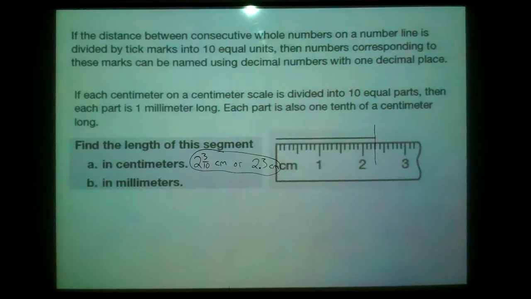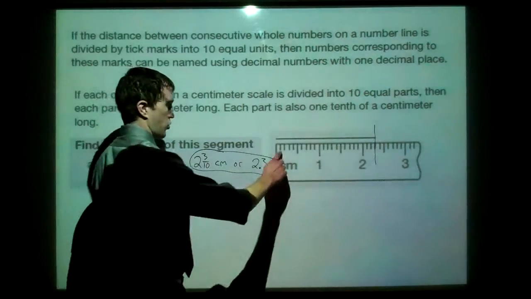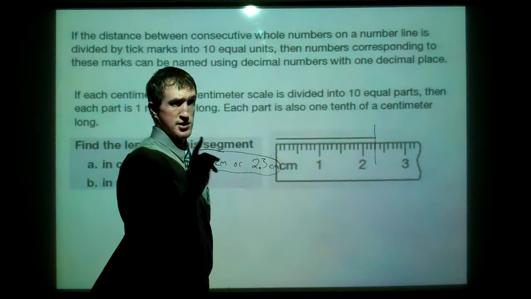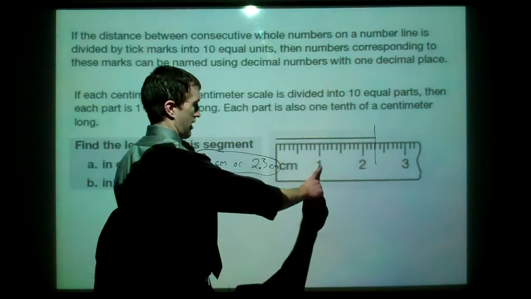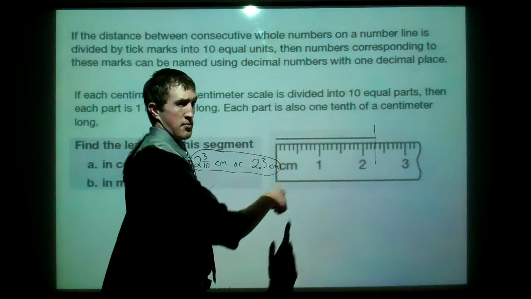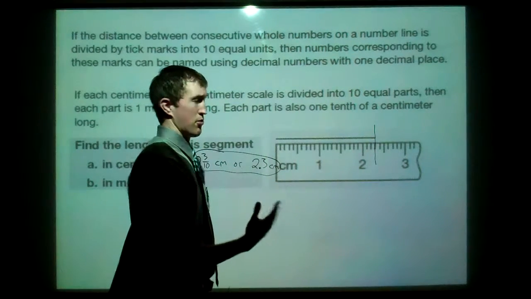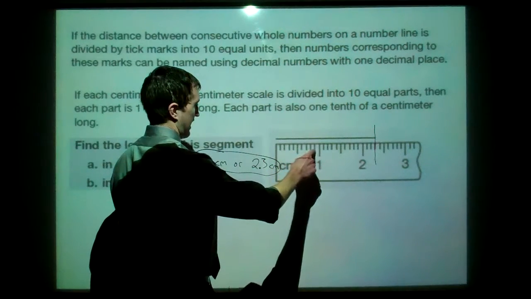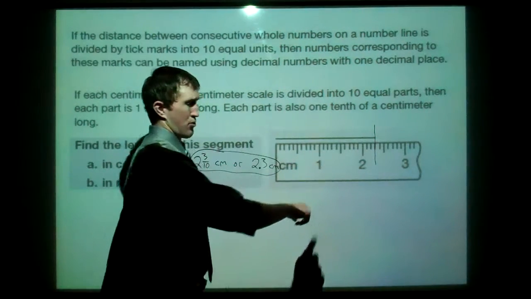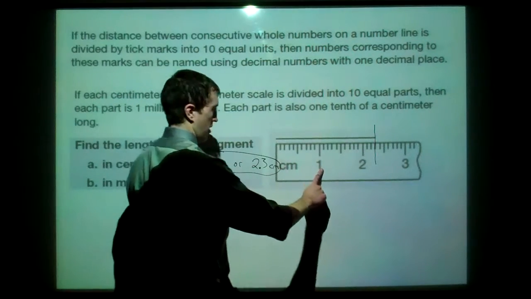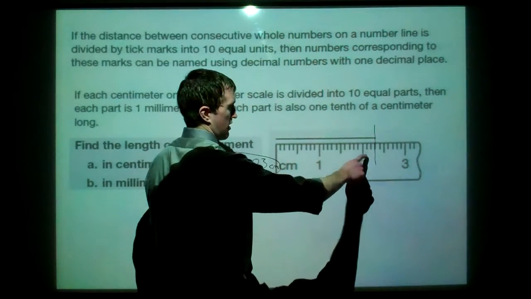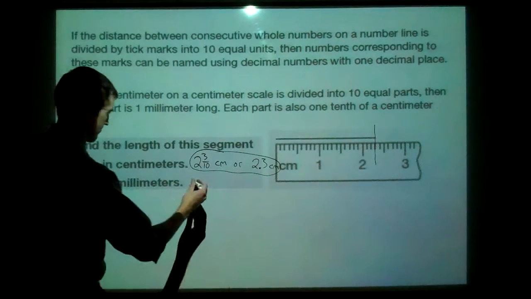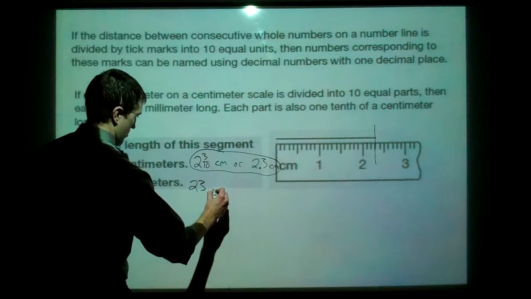Alright, now in millimeters. Each one of these is 1 millimeter, remember? We've got 10 marks per centimeter, so for every whole number centimeter, we should have 10 marks, or 10 millimeters. Let's check. 1, 2, 3, 4, 5, 6, 7, 8, 9, 10. So every big number will be 10 millimeters. So 10 millimeters, 20 millimeters, 21, 22, 23 millimeters.